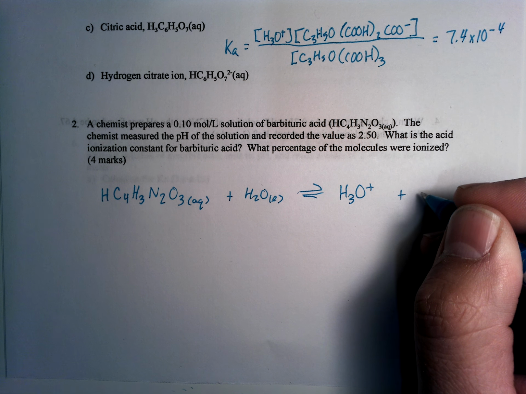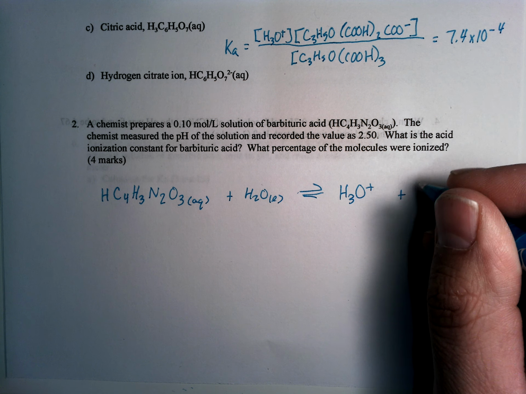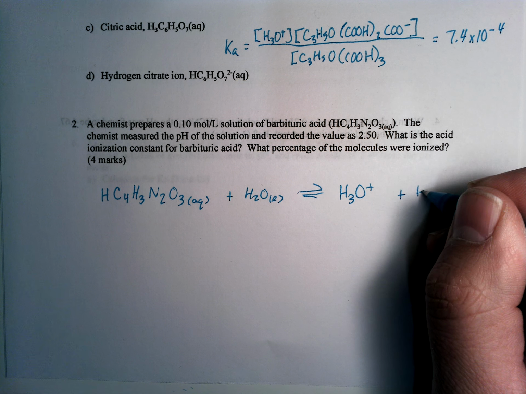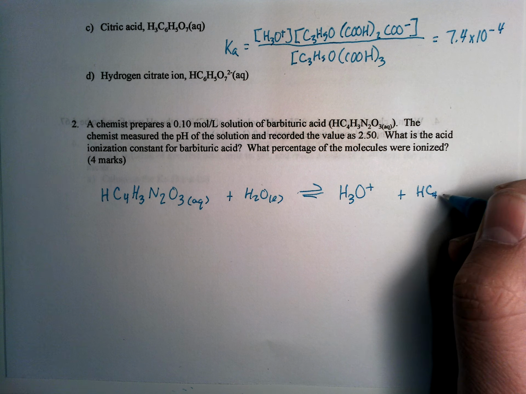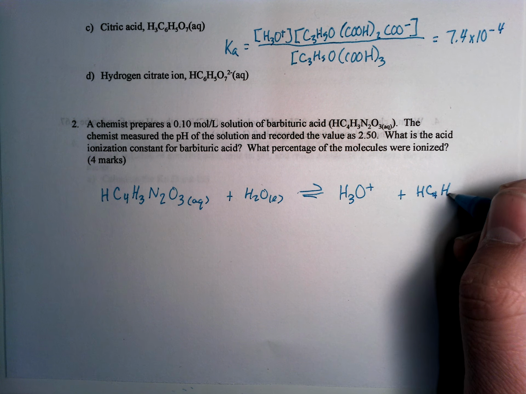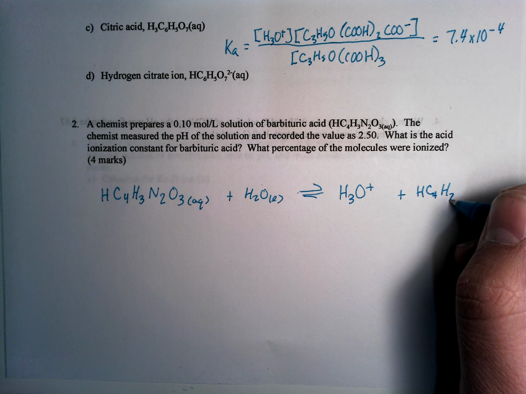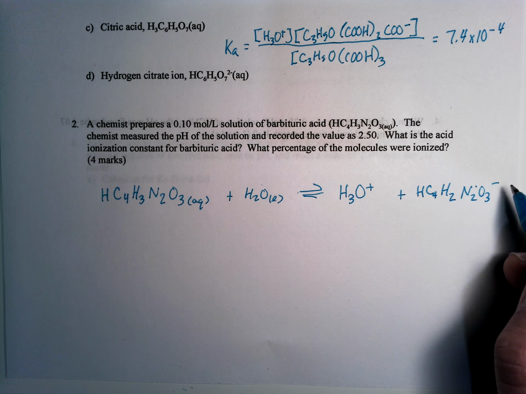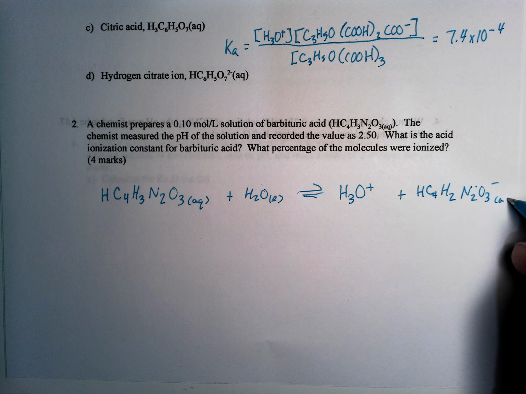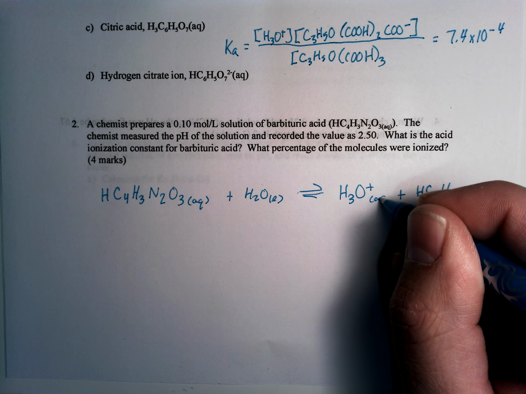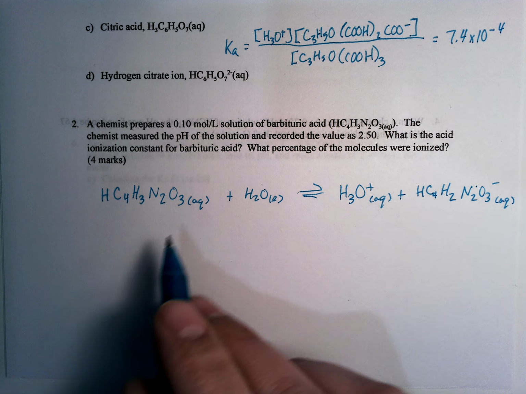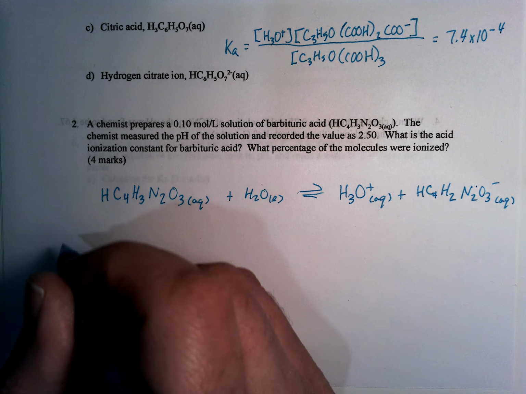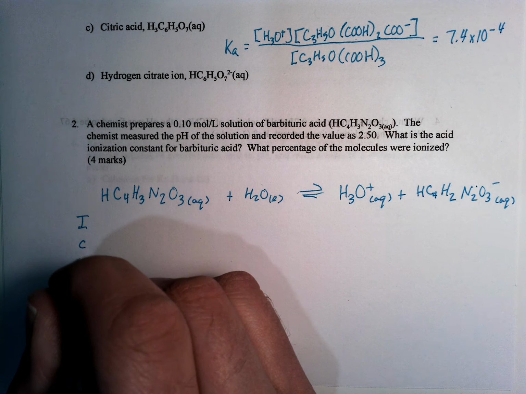We're going to take one of the H's out, but I wouldn't be picky here because it's hard to know where to take it from. C4H2N2O3, and since we took an H away, it's going to have a minus charge. These are aqueous. We're trying to find the Ka, so we need an ICE table for this one.